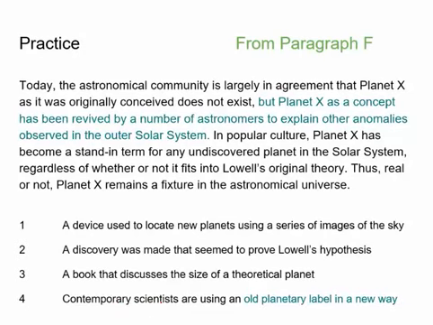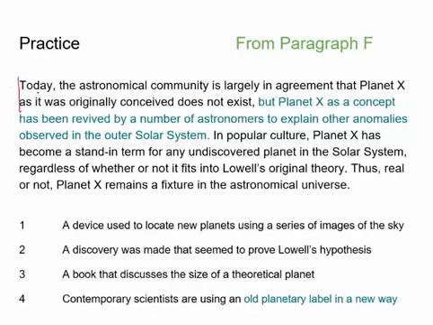Okay, specifically this part in blue, where it says, actually we can start up at the top just a little before the blue section there. It says, today the astronomical community, okay, astronomical community are the scientists who study astronomy. Okay, so now we know we're in the right community here. The astronomical community is largely in agreement that Planet X, as it was originally conceived, does not exist. Okay, so Planet X, that theoretical planet, is not something that really exists.